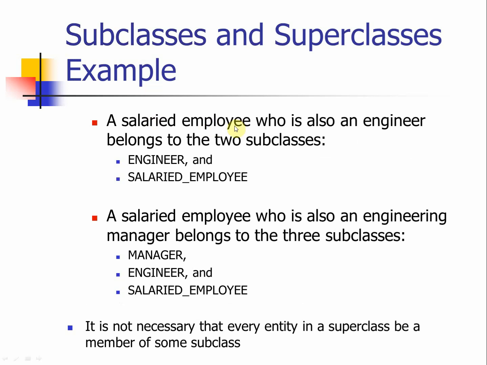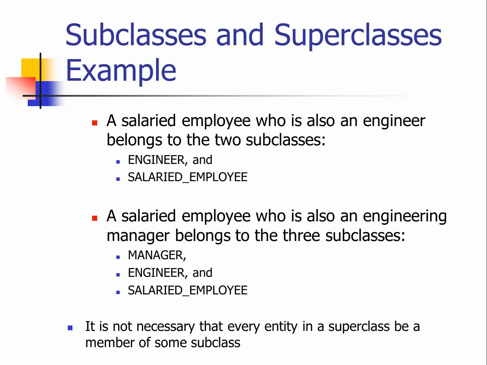So you can see that a salary employee who is an engineer belongs to two subclasses. If employee number 1 is an engineer, that person is an engineer and is paid by salary. So that person exists in two subclasses. A salary employee who is also an engineer manager will exist in 3 subclasses, and that is totally fine.